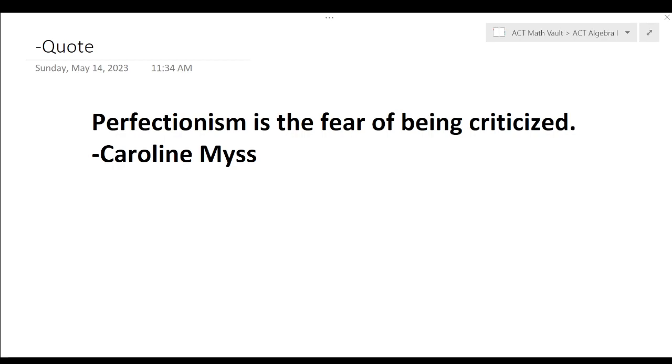That 36, or for the SAT, that 1600 is the carrot that we're trying to chase. But maybe the goal here should be more just doing your best, putting all of your effort into prepping, but not necessarily mastering everything perfectly. Doing the best that you can given your circumstances.